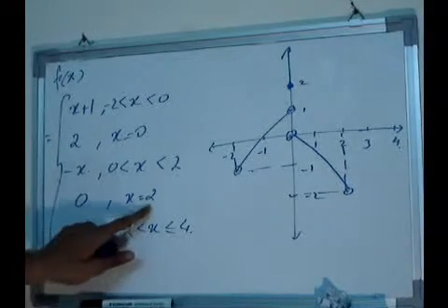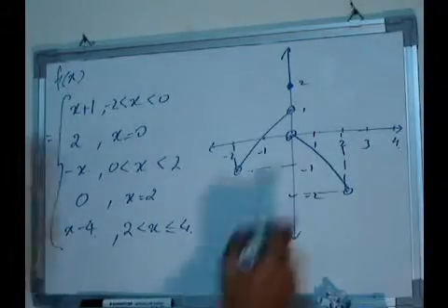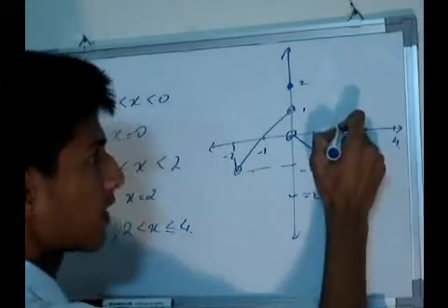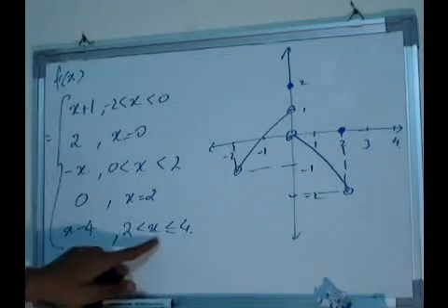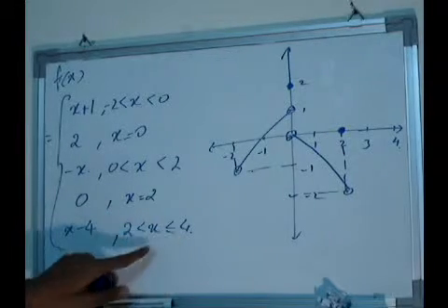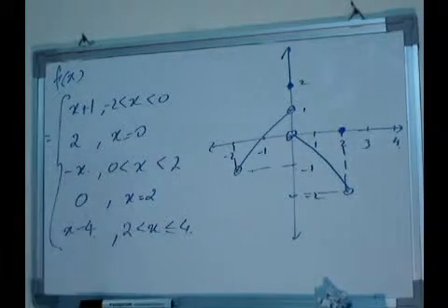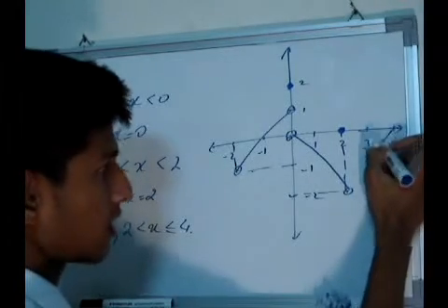And at x equal to 2, the value of y is 0. For x between 2 and 4, x is less than or equal to 4 over here, so the function is defined at 4 but not at 2. For x minus 4, the graph will be as follows.